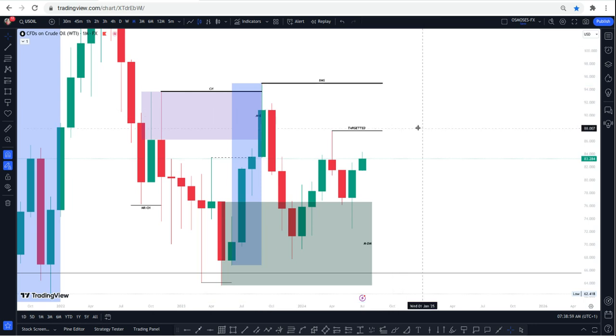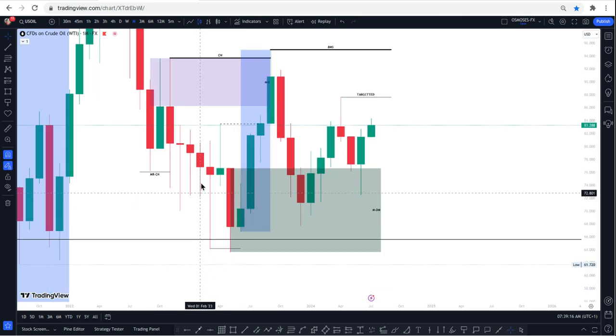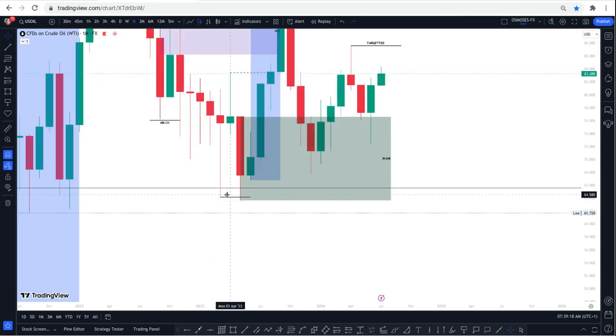I make known of what I'm looking out for. So I've taken out this high because of this supply here. I took it out. Then I retrace back into this demand. Swept liquidity. You can see this will be stop runs.